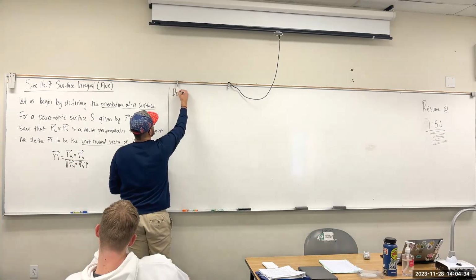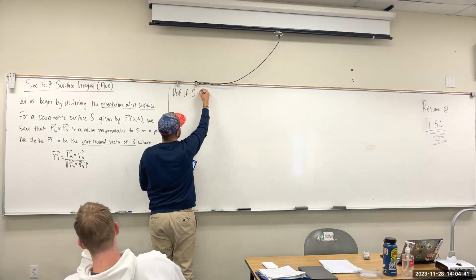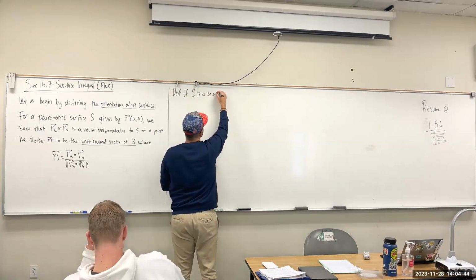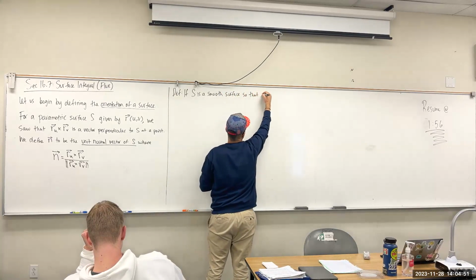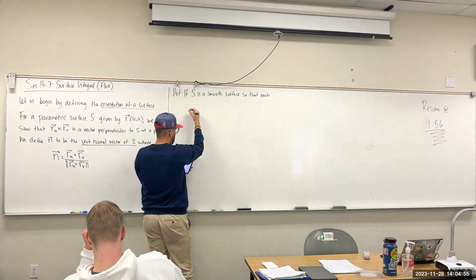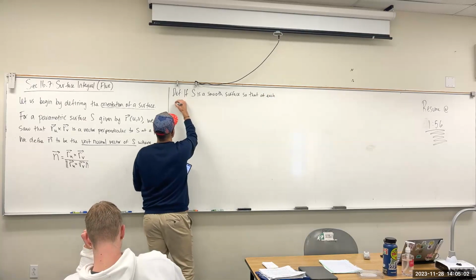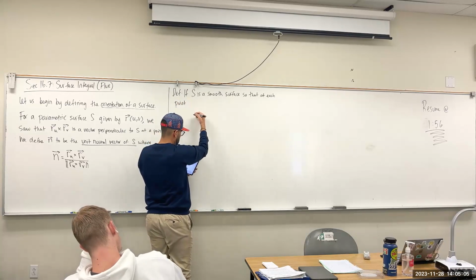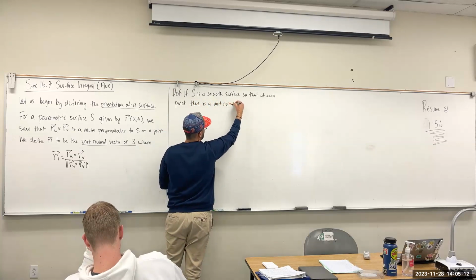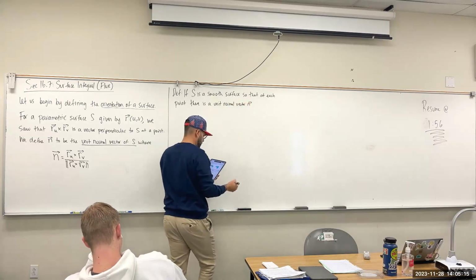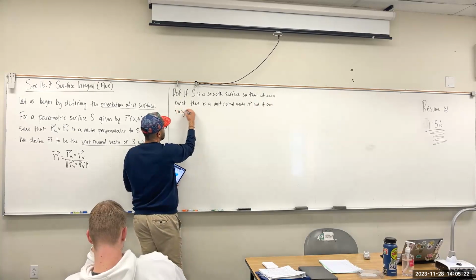All right, so here's our first definition for this section. If S is a smooth surface so that at each point there is a unit normal vector n, and it can vary continuously.